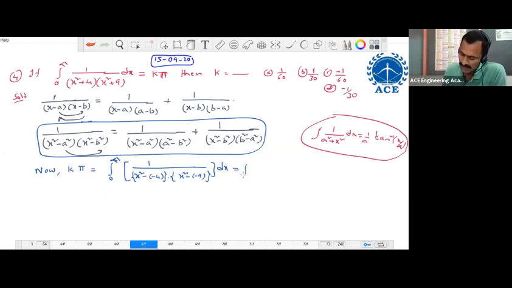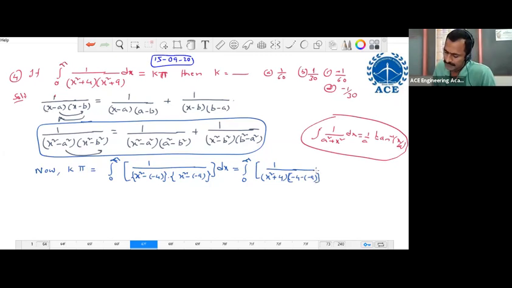This is equal to integral 0 to infinity. Now the first term like this, second term like this only. x square plus 4, I am writing directly. Next, minus 4 minus 9, plus 1 by x square plus 9 into minus 9 minus 4.